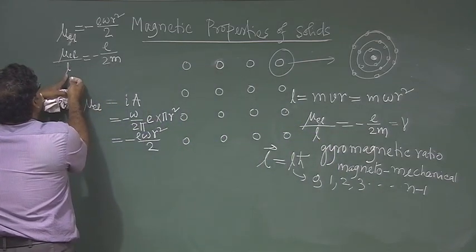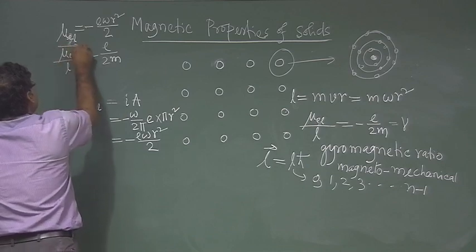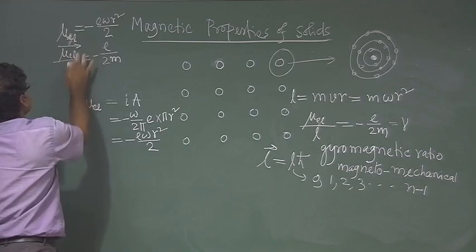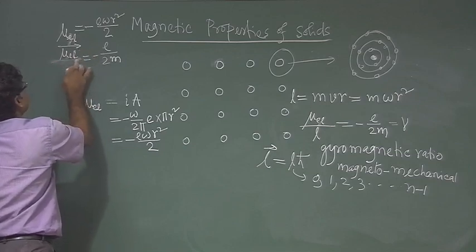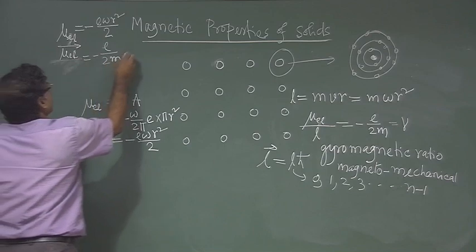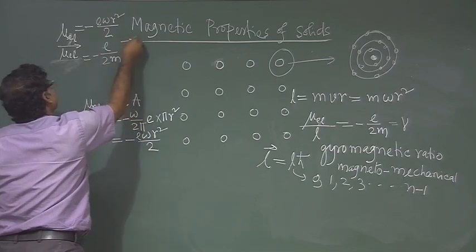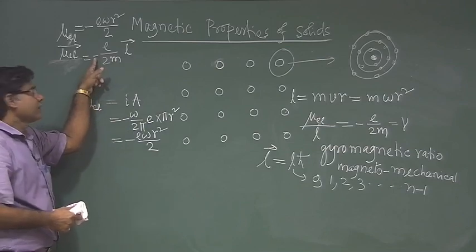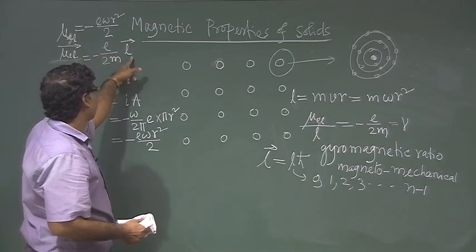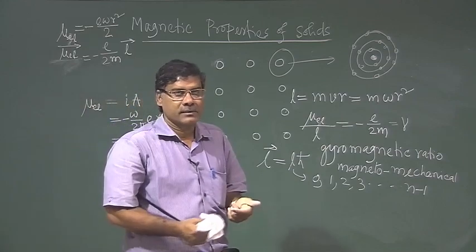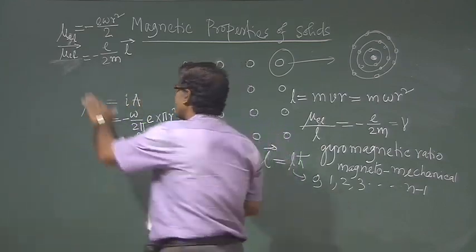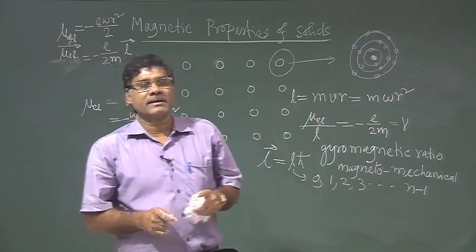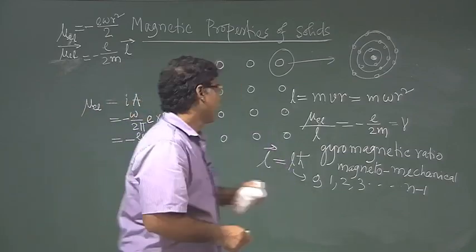We can write the magnetic moment also as a vector, and the angular momentum L is also a vector. The negative sign tells that the direction of the angular momentum and the corresponding angular magnetic moment are in opposite directions.